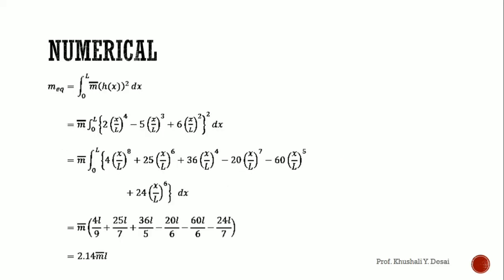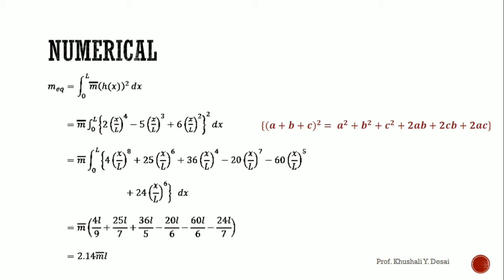Starting with m equivalent, the equation is known: integration from 0 to L m bar h of x the whole square dx. M bar will substitute at the end, so h of x, what we have just obtained in the previous slide, will square that. Here we must know that a plus b plus c the whole square has this formation.